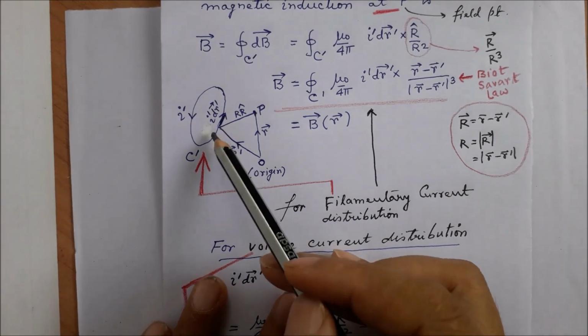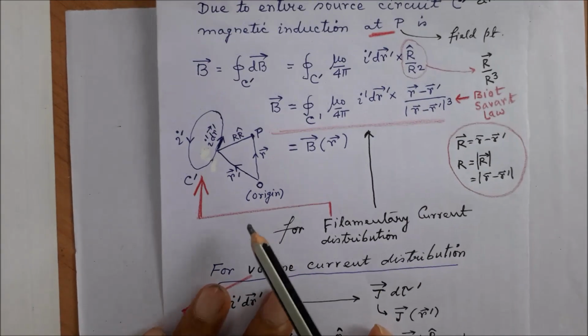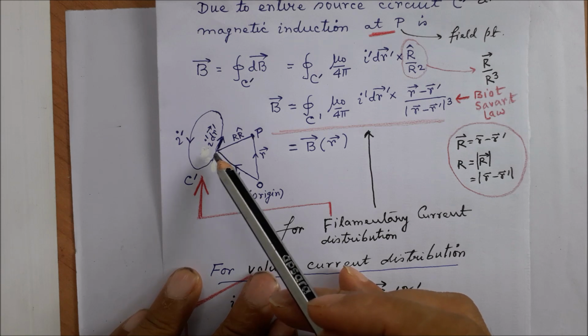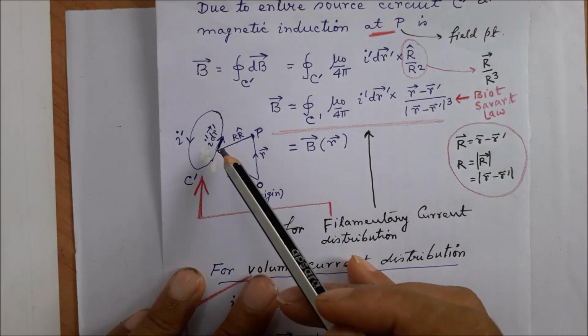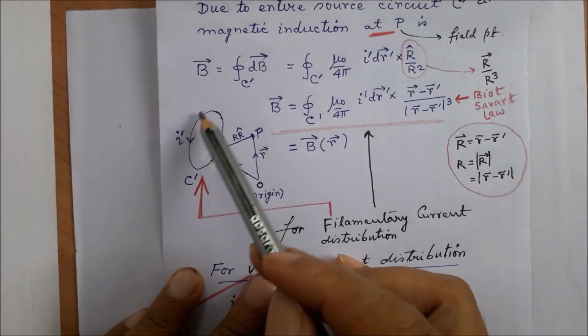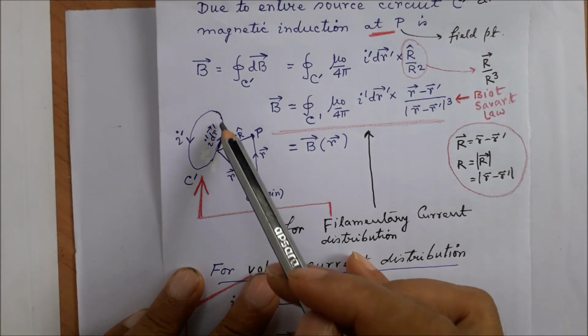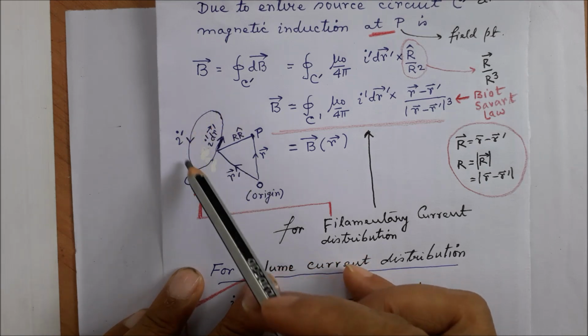The I prime dr prime, as we mentioned, was an elemental current carrying agent, and it is a part of a greater circuit. In this diagram, we have taken it to be a closed circuit.